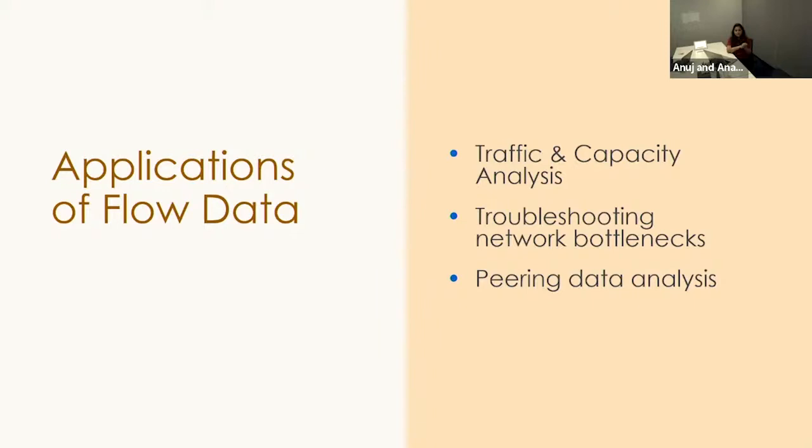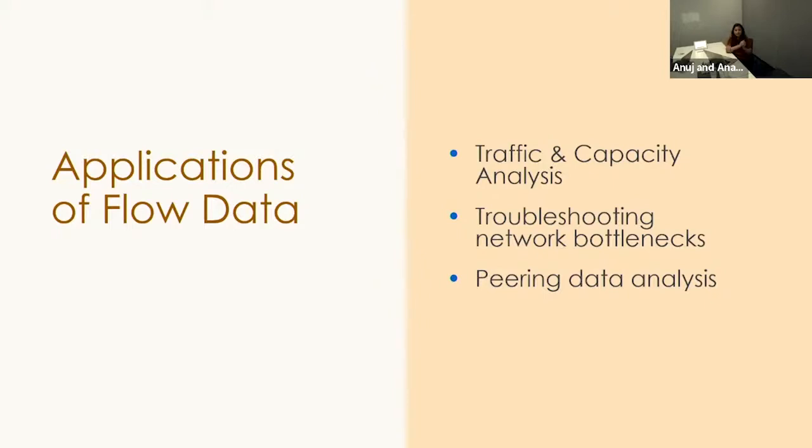For that, I'll take an example: let's say that you have an outage in a certain section of your data center, and you want to find out what are the services that are being impacted by this. What you would do is filter out all of the flow data specific to this section of your data center which is impacted, and then group it by the port field. By that you can find out the top services which are being affected, and then you can take actions accordingly to mitigate the outage that you have.